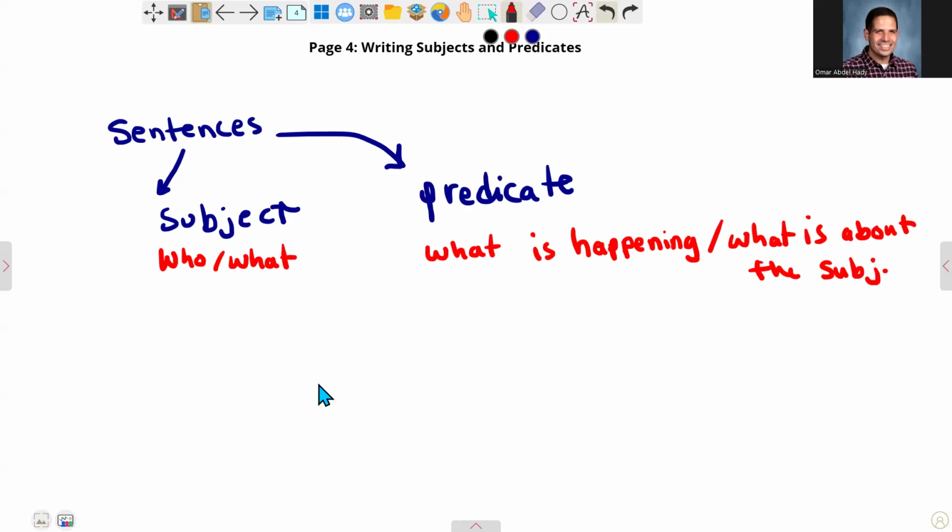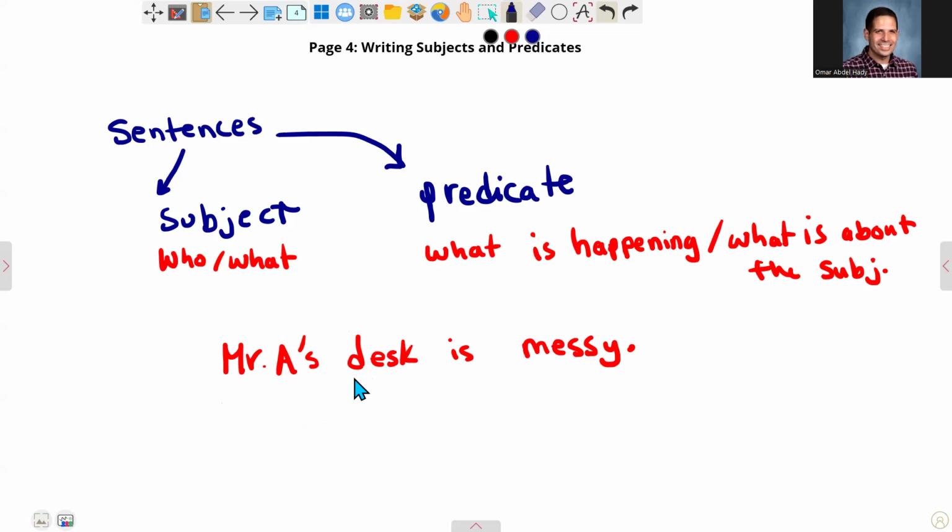So, for example, Mr. A's desk is messy. Okay. Who are we talking about in this sentence? Are we talking about messy, or are we talking about Mr. A's desk?